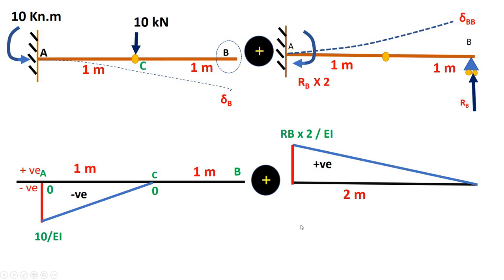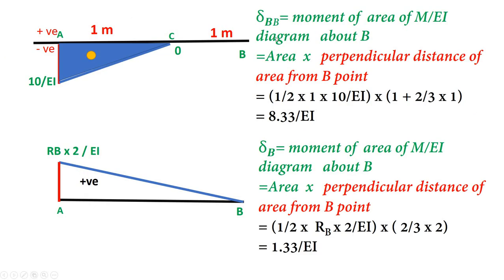Next, deflection BB, that is the moment of area of the M over EI diagram about B. Deflection BB is due to the statically determinate beam. So let us determine the deflection of the statically determinate cantilever beam.